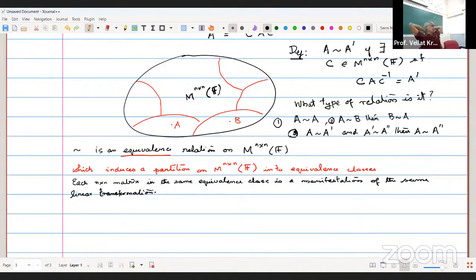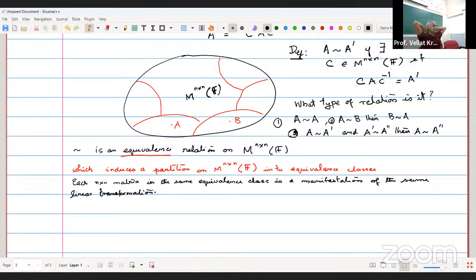Now, the question that you have is this. There is a choice that you have. There are plenty of elements that you can choose from here to represent your linear transformation. Which one do you choose?